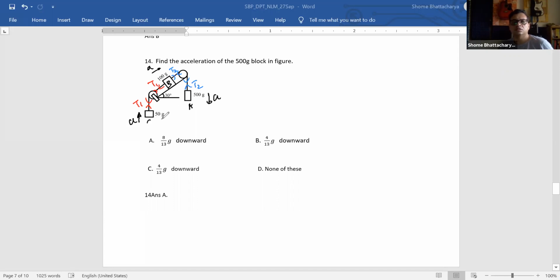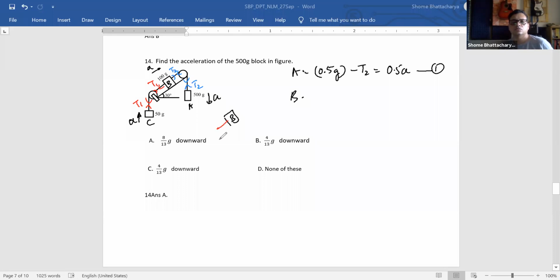Okay. So let's say these blocks are A, B, and C. So for the block A, we'll have the equation 0.5 g, that is the weight of the block, minus T2 is equal to 0.5 a. That's our first equation. Then for the block B, you'll have to understand that there are also components of weight.